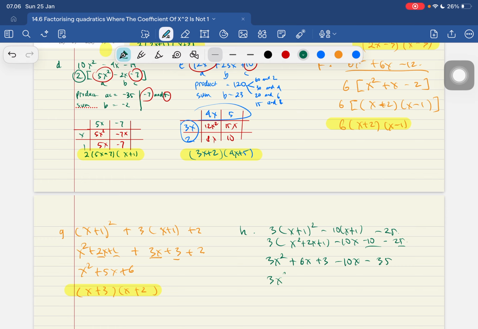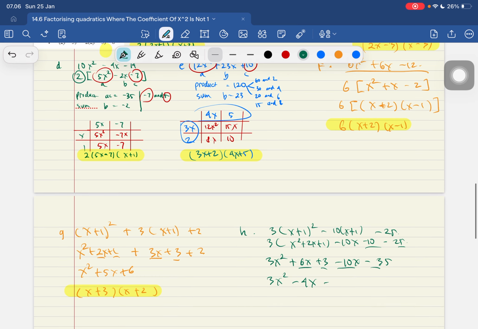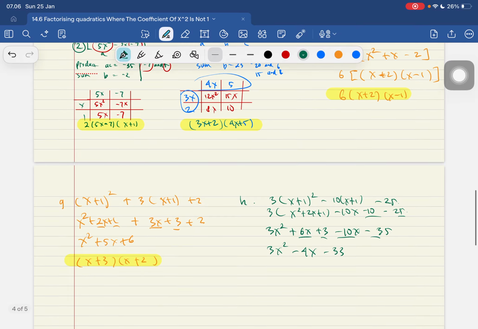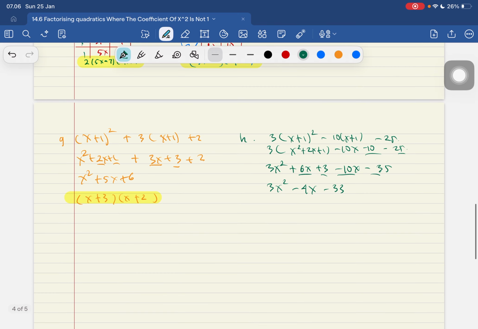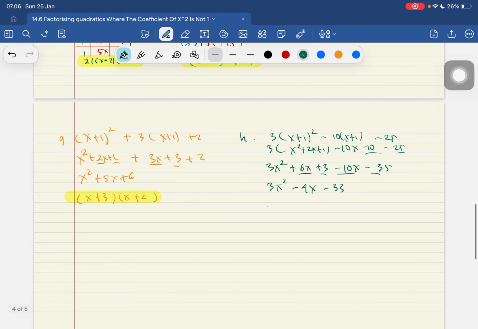So we got 3x squared, 6x minus 4x, 3 and minus 35 is going to be minus 33. Okay, so we have to find the product. So it's going to be A, B and C. So the product of AC, we got 3 times minus 33, so minus 99, while the sum has to be B, minus 4.